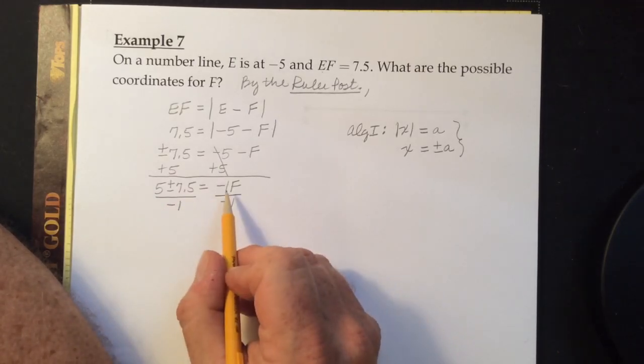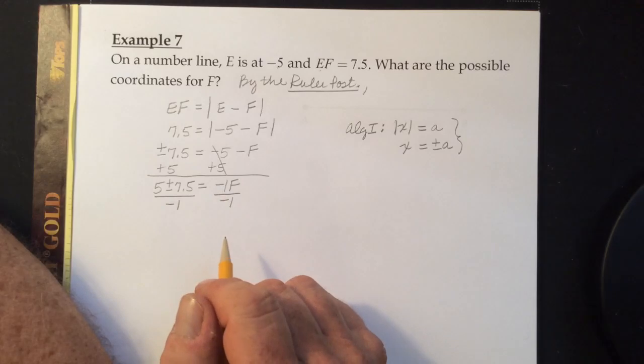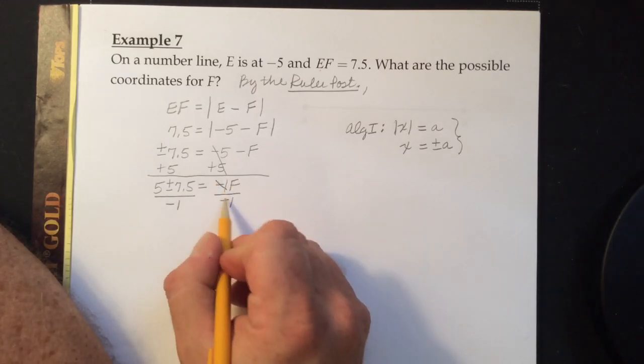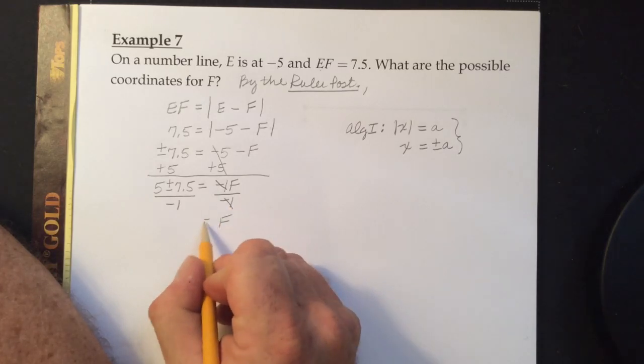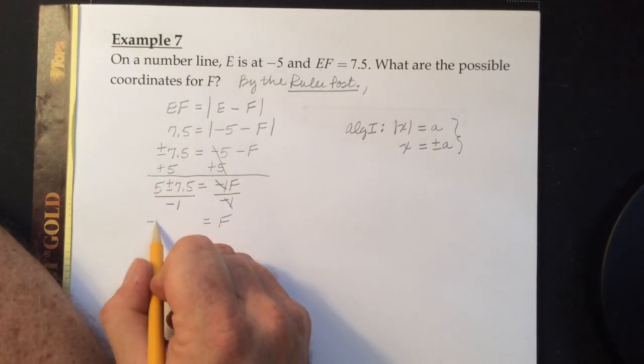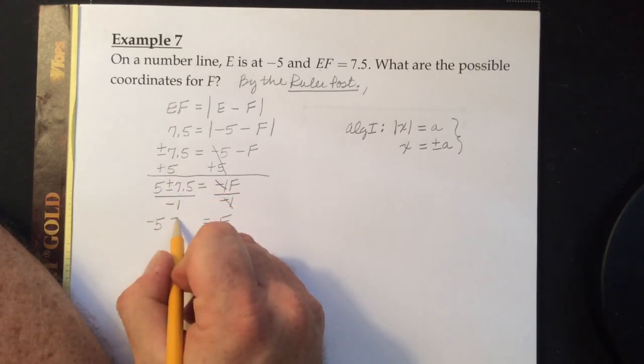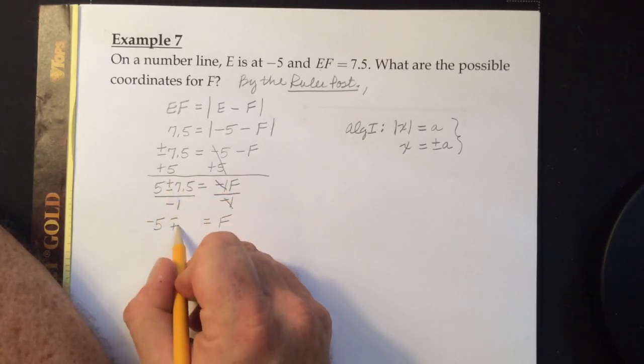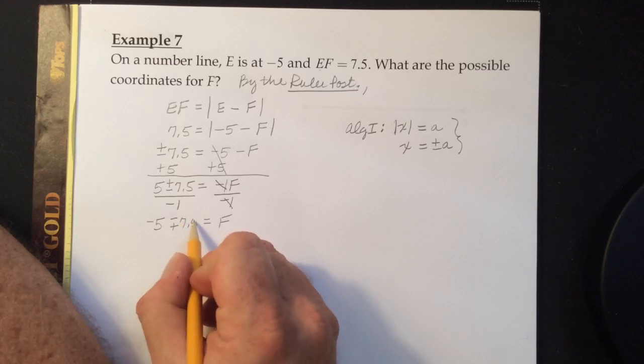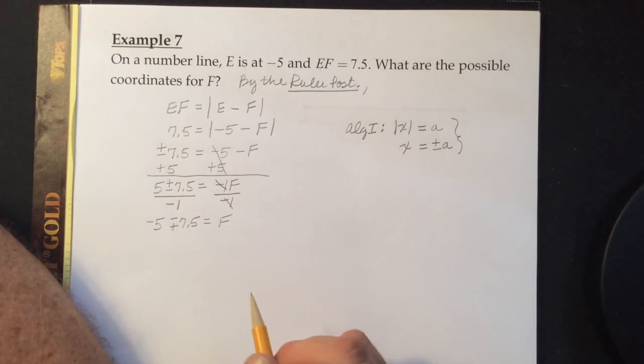When we divide both sides by -1, all the signs for every number change to their opposite. So this becomes positive f, this becomes -5, and what was positive becomes negative, and what was negative becomes positive. So you still end up with plus or minus, just in the other direction.